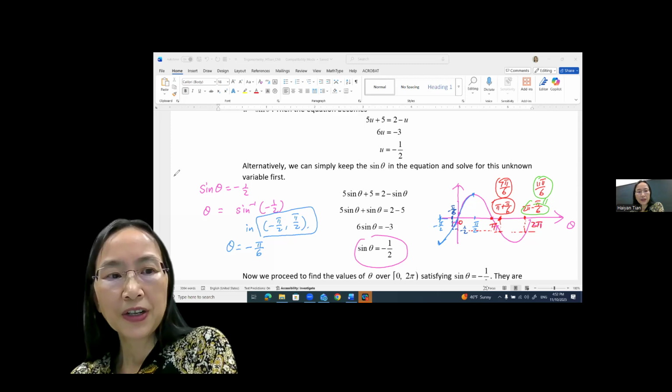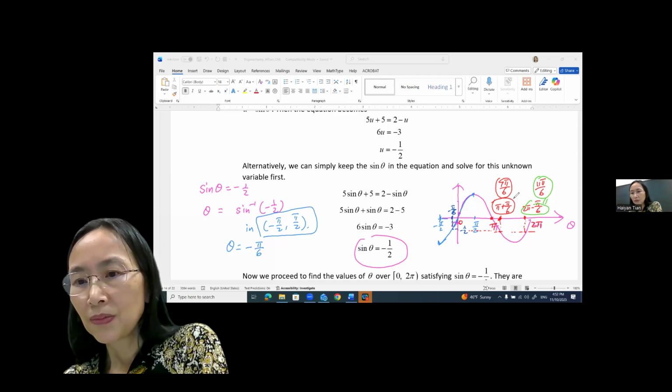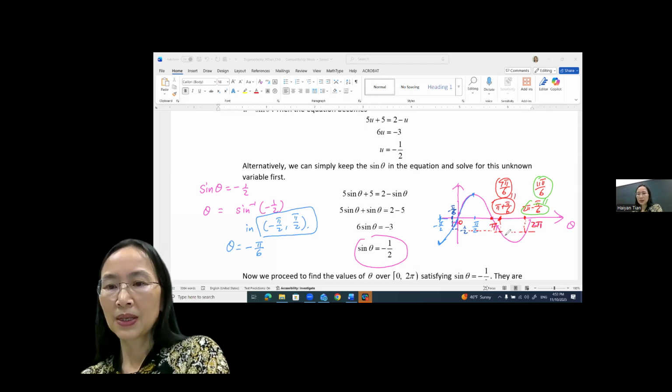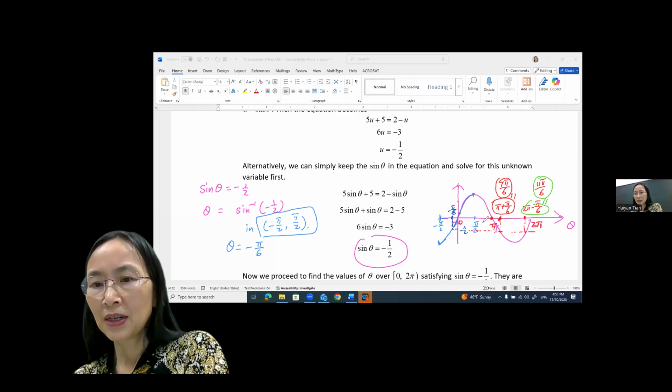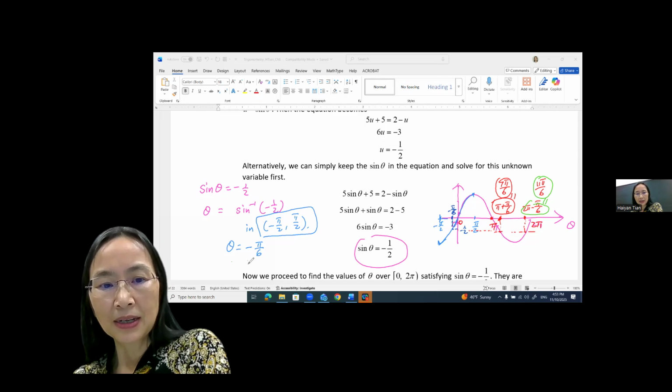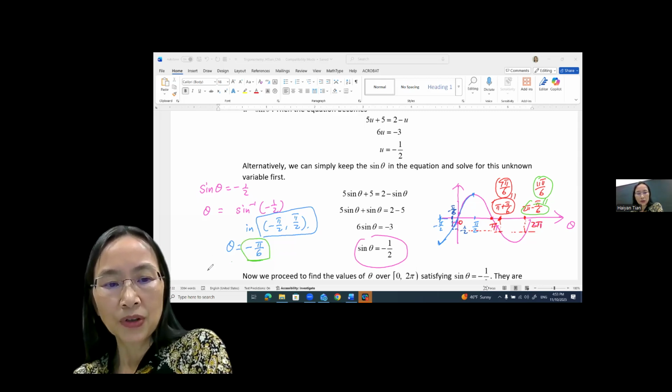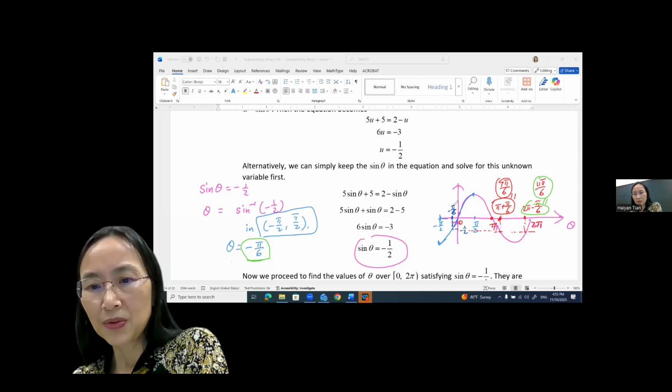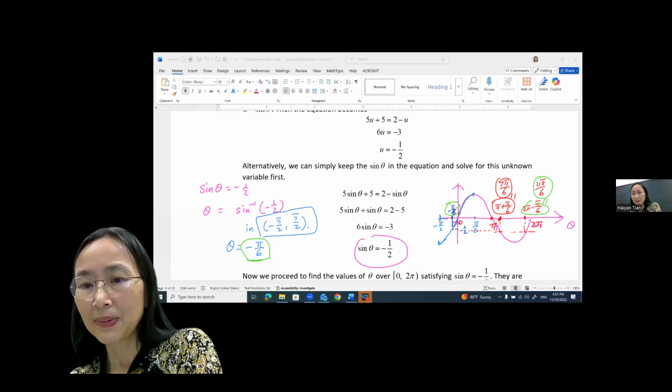So we have found, in this range, because we want to find theta in the interval from 0 to 2 pi, this one is not, because it's negative pi over 6.